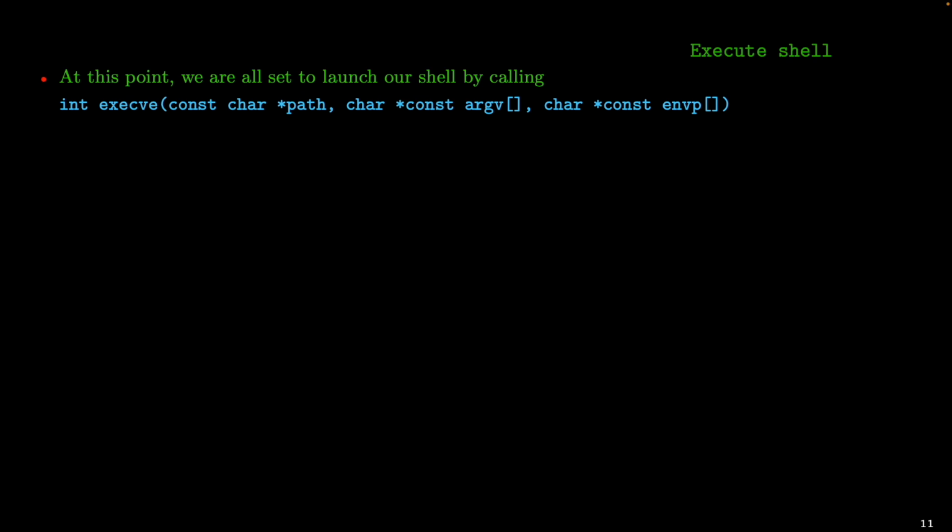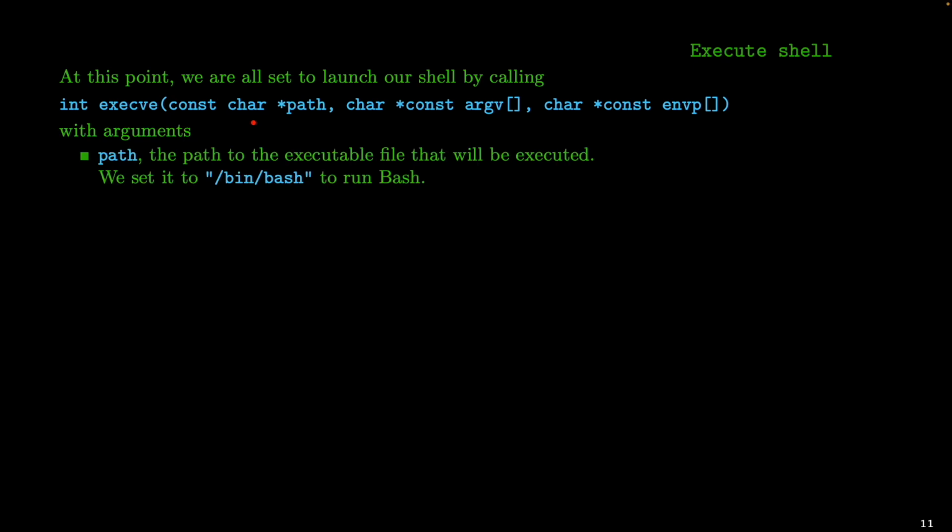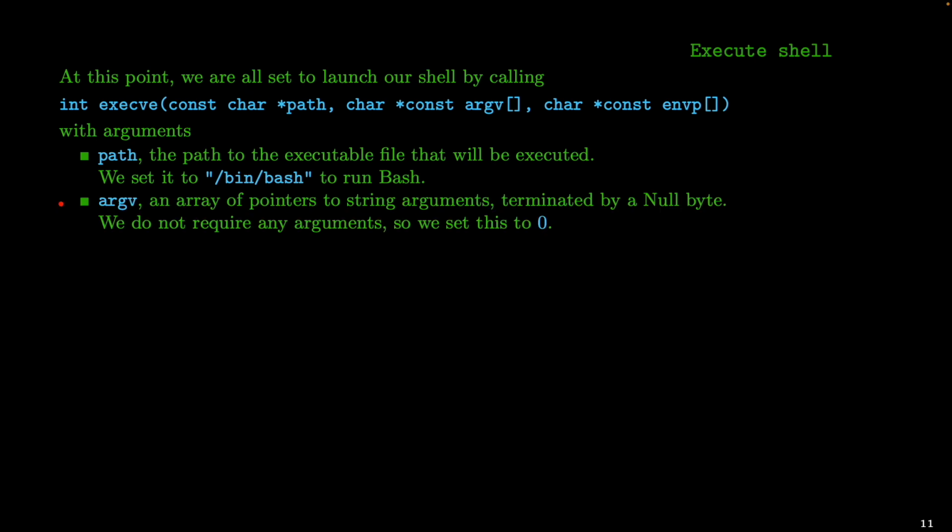To launch the shell, we can use the execve system call. So this one allows you to supply as a first argument a path name of the program you want to run, which in our case will just be /bin/bash. So we run the bash shell. The second argument, argv, is actually an array of pointers to string arguments, which is terminated by a null byte.